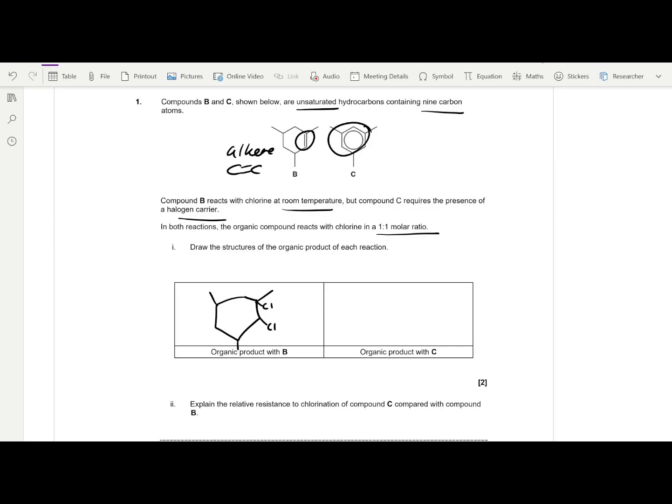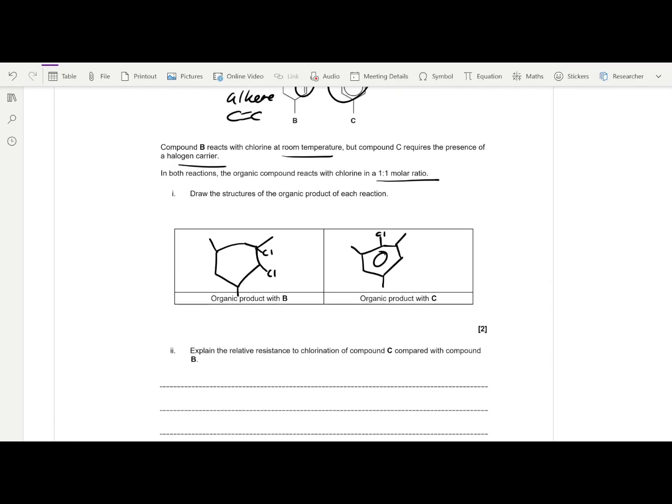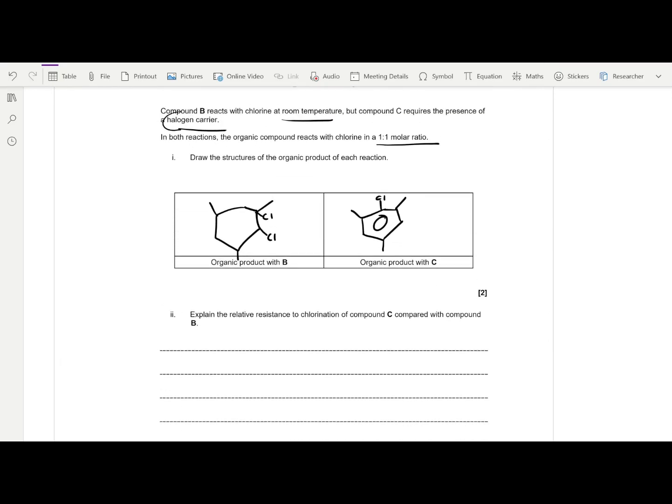Then for compound C, we're going to have our benzene group and our side chains, and a mono-substitution through the mechanism of electrophilic substitution, because it is a benzene group and it requires a halogen carrier.